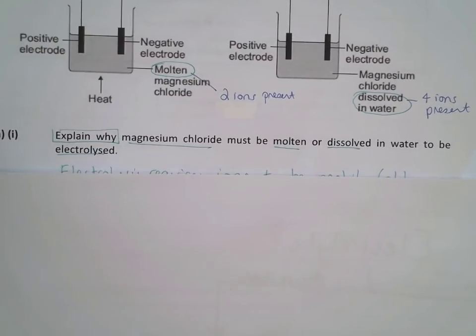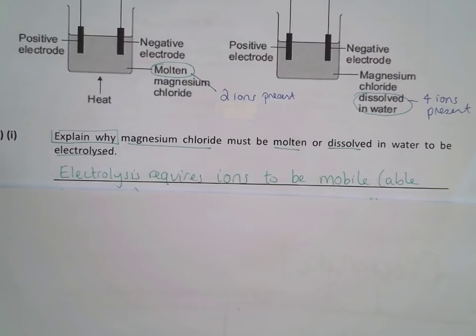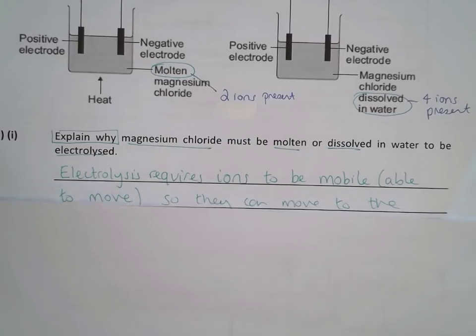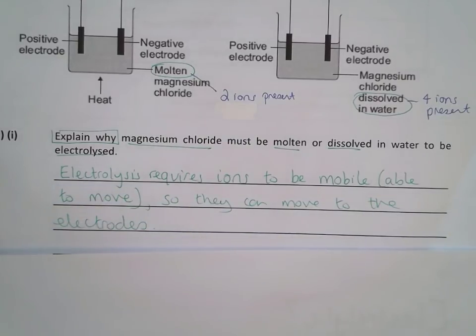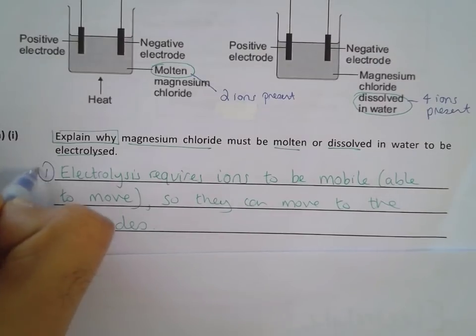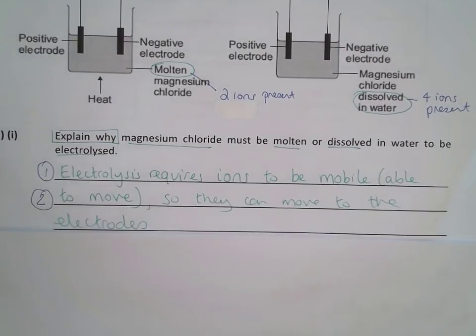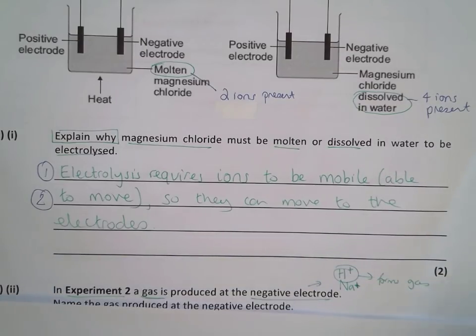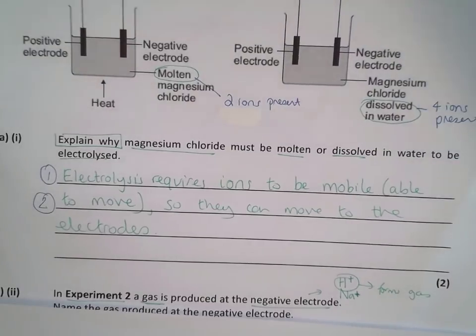But when molten or dissolved, they can move. So the two marks are for saying electrolysis requires the ions to be mobile, so they can move to the electrodes. Because if they can't move to the electrodes, the ions cannot be discharged, and therefore we cannot form any elements, which is what electrolysis is all about.